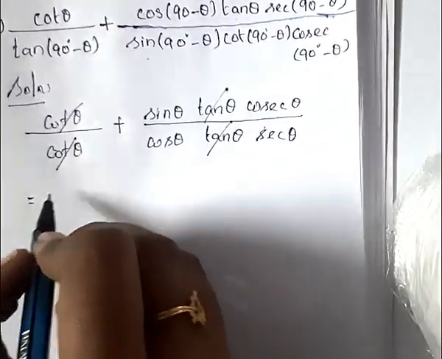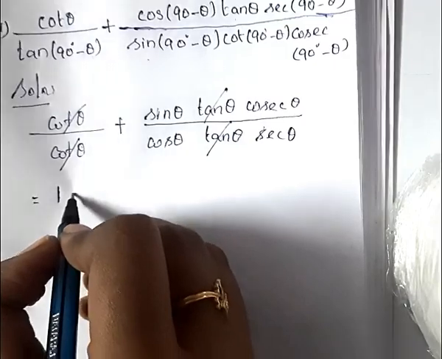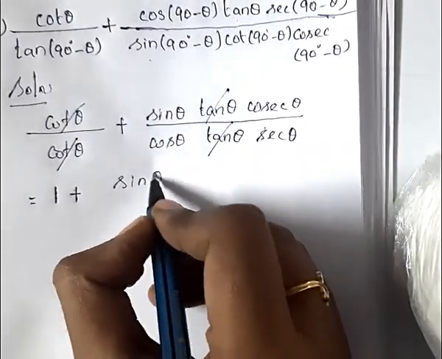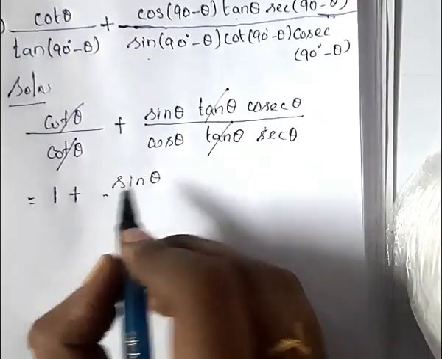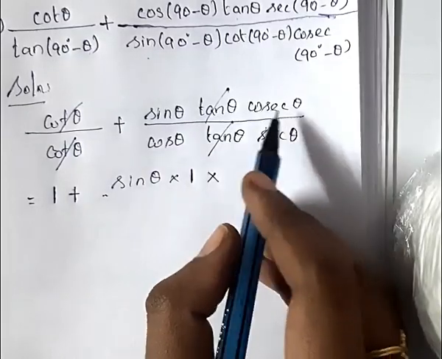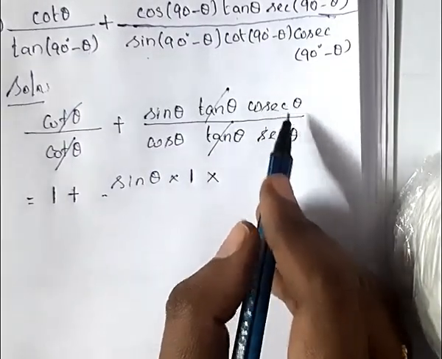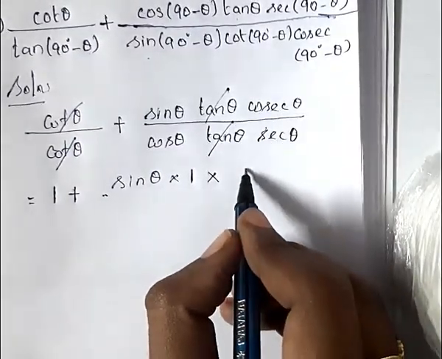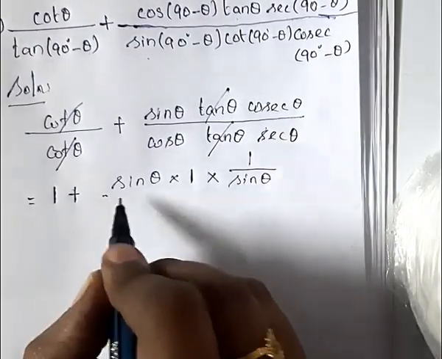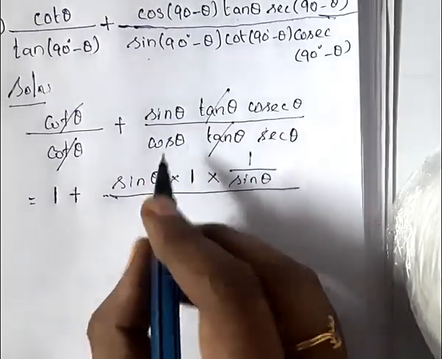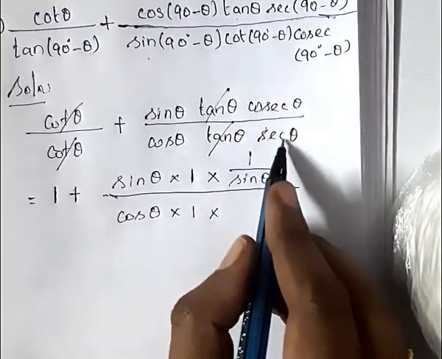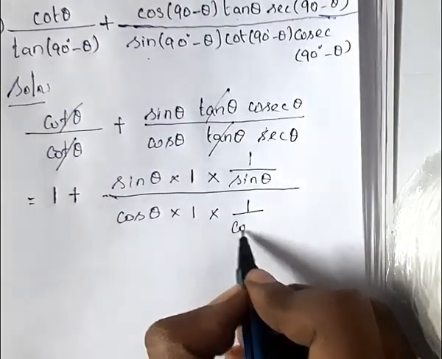That is equal to, this value is 1 plus sin theta into 1 into this cosec theta, we can write as 1 by sin theta, divided by cos theta into 1 into sec theta, value is 1 by cos theta.